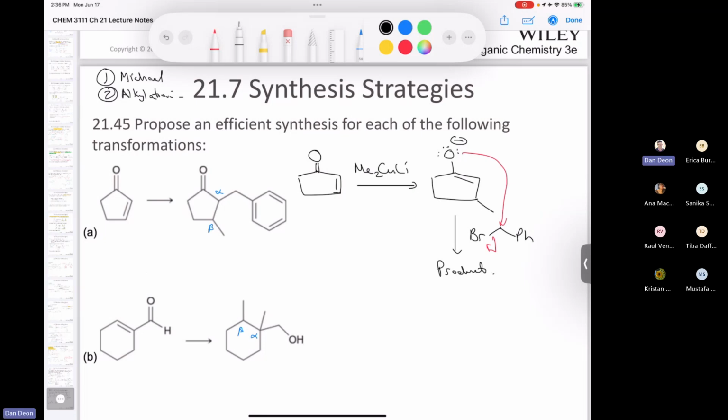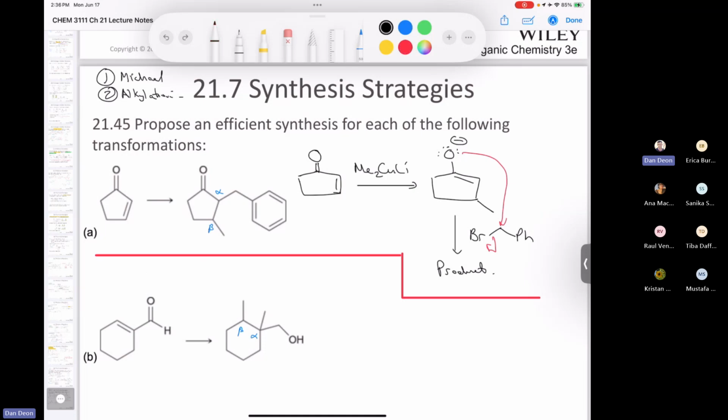All right. So for the very last one, it's in a similar vein. We need to add a methyl group here and a methyl group here, and then we could just reduce this to an alcohol using lithium aluminum hydride. So we're going to start out with, let me just write down the steps in order.